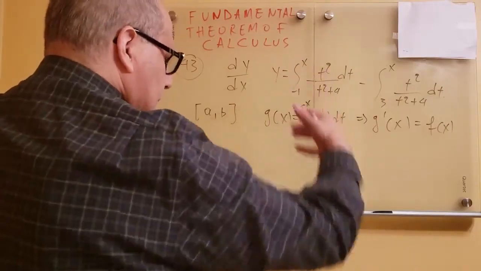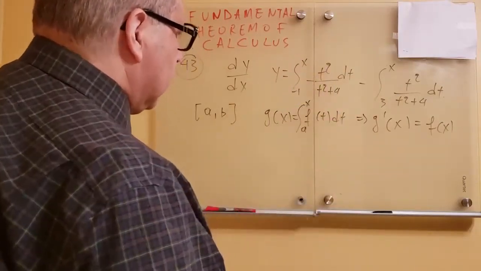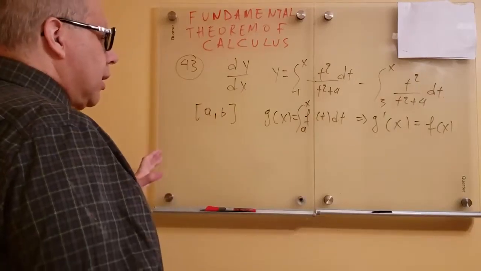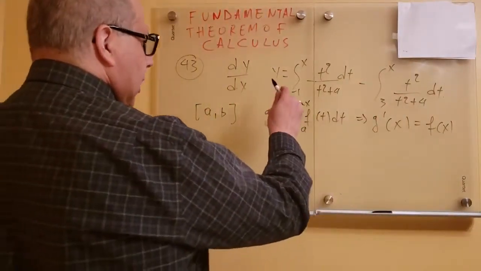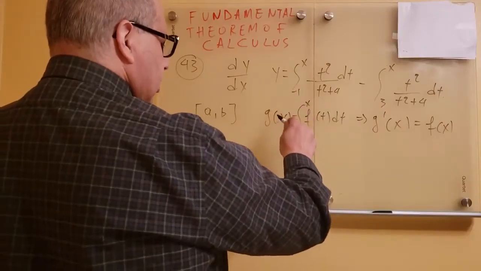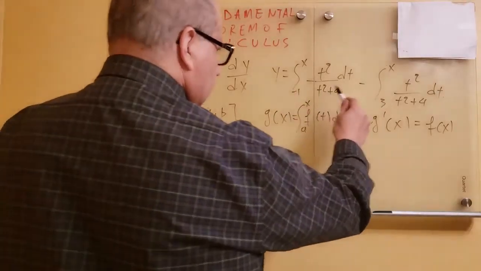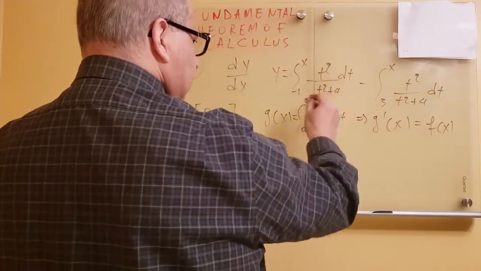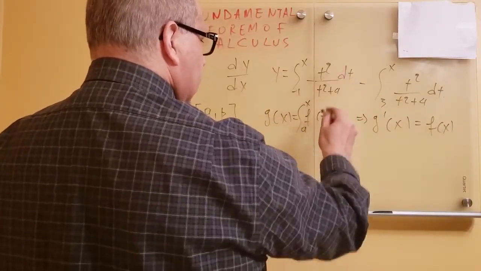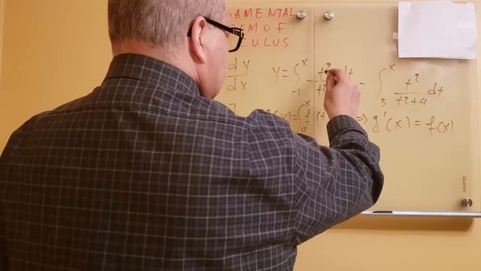Okay, since it's continuous everywhere, that means that we can apply this rule, because the y, which is our g of x, is given by this formula. If you compare the first part with this, you get that your f of t is this here.